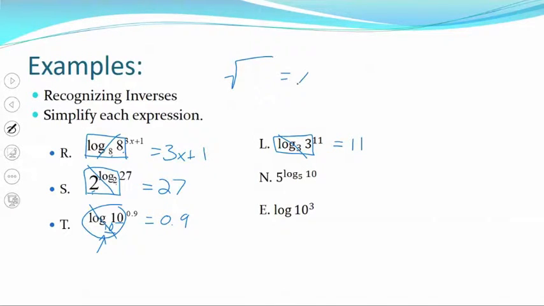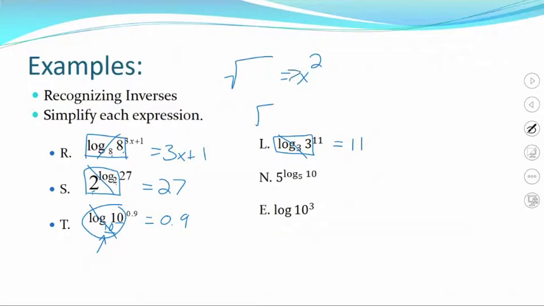Square roots and things that are squared are inverses of one another. If you take the square root of x squared, you're essentially canceling out the square root with the squared, and you're just giving yourself x. They're inverses of each other. That's exactly what's going on here, but for logarithms.